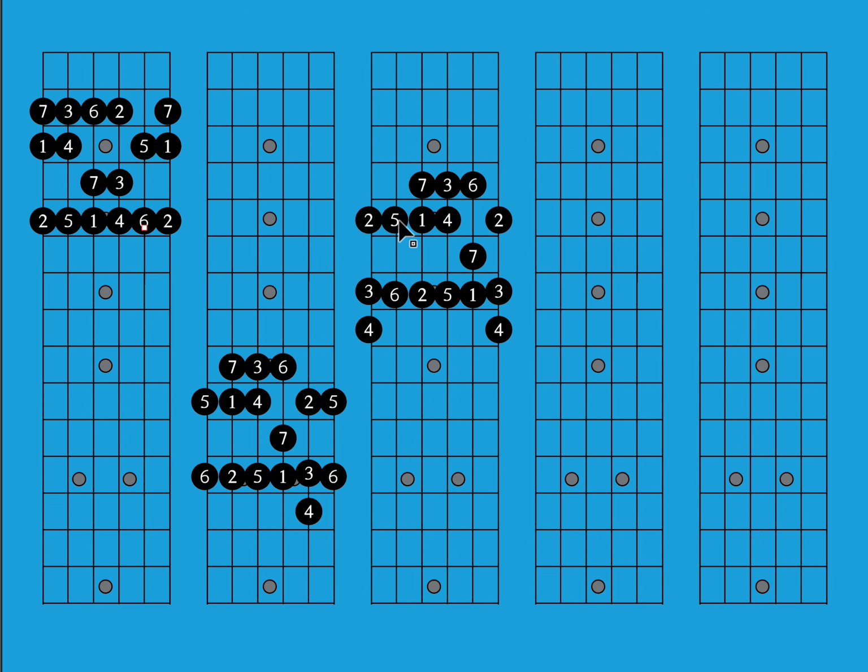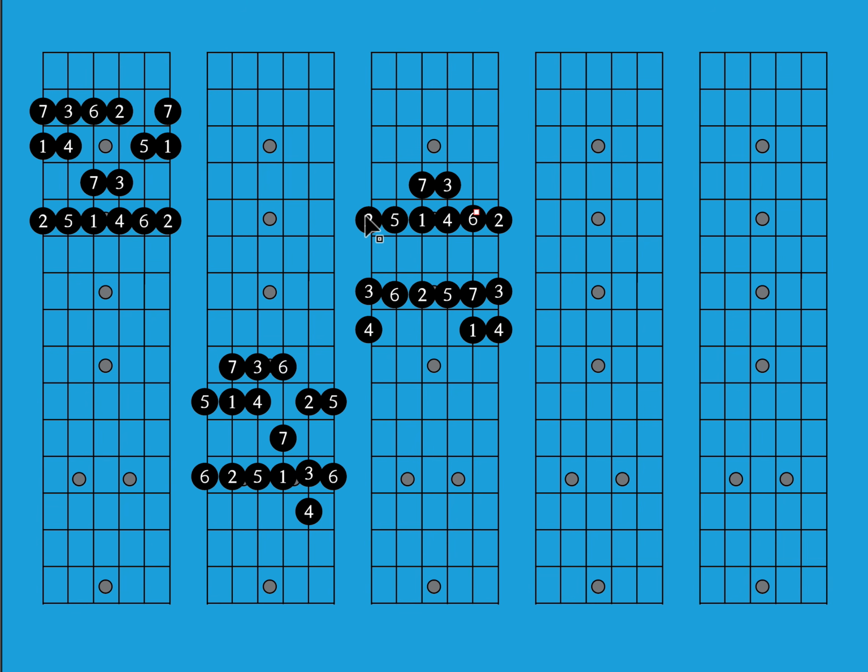So that's accurate. 2, 3, 4, 5, 6, 7, 1, 2. I'm going to move these down. Now we have this version of the scale that starts on the 2, and if you listen to it, you'll see that it's accurate. If you check all of the notes, you'll see that they're the notes of the G major scale, just starting on the A.